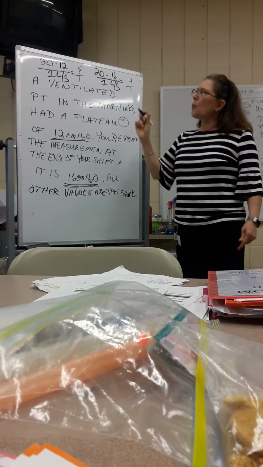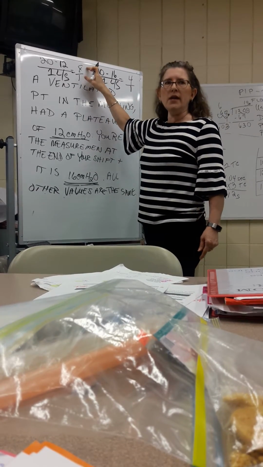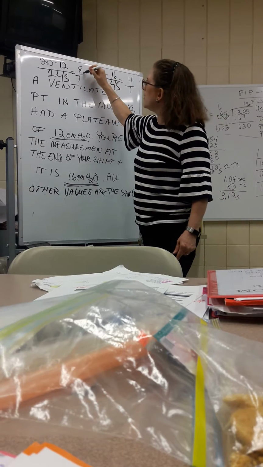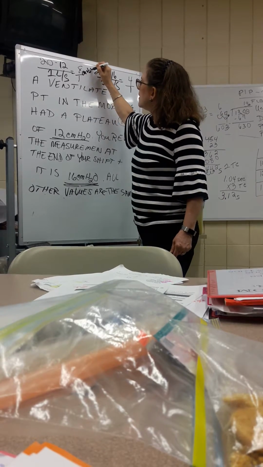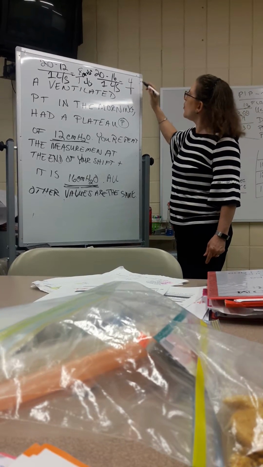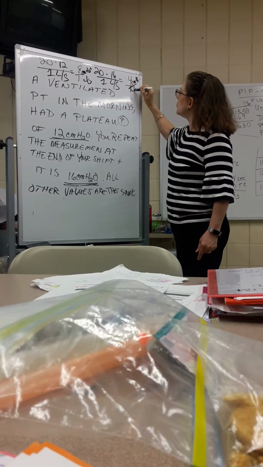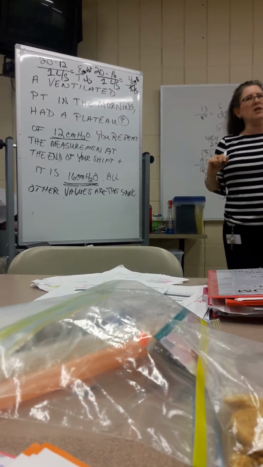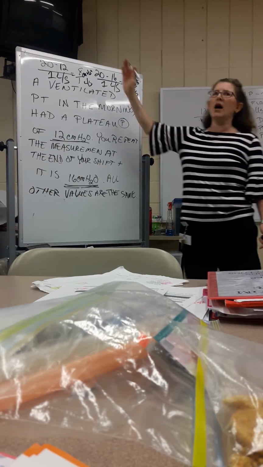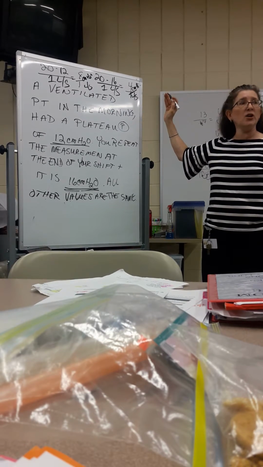So my airway resistance here is 8 centimeters of water per liter per second. My airway resistance here is 4 centimeters of water per liter per second. Which one has more airway resistance? The one with a higher number or lower number? The higher number.